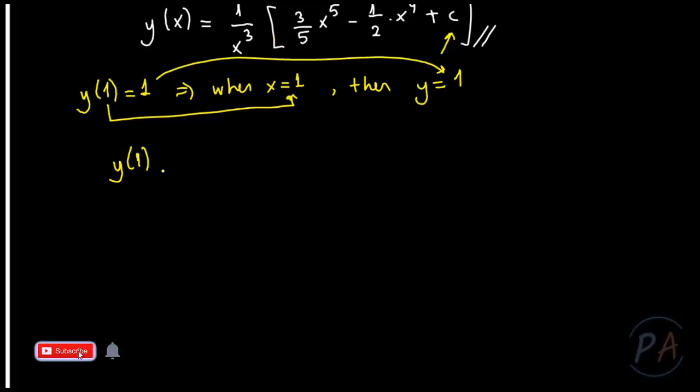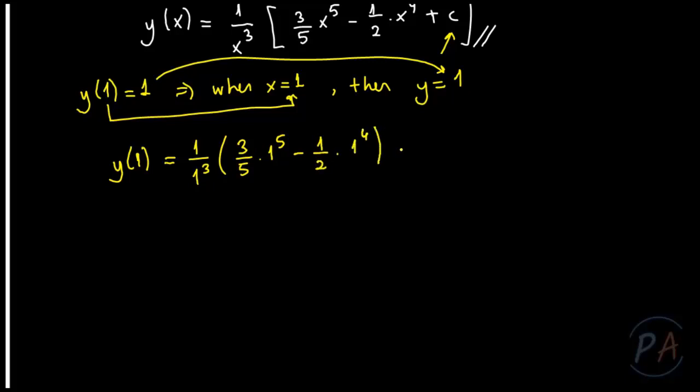So y of 1 equals 1 over 1 to the power 3 times 3 over 5 times 1 to the power 5 minus 1 over 2 times 1 to the power 4 plus c. Since I know that y of 1 is also 1, I can easily find c as 9 over 10.